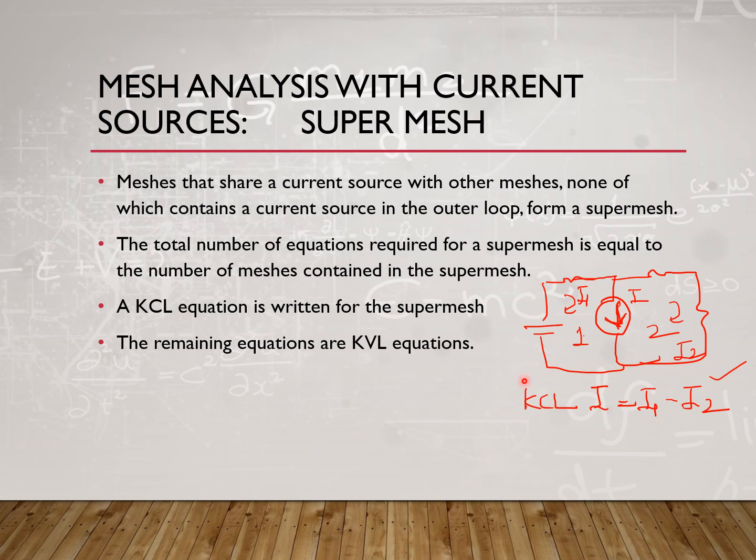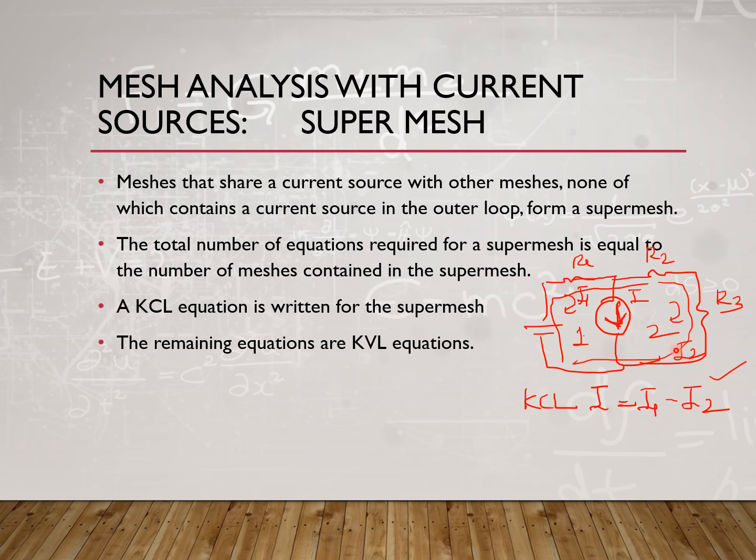So if I designate these as R1, R2, R3, I'll go around the loop like this without the current source and write the equations. So basically, when we are writing for a super mesh, we first identify what is a super mesh, how many meshes are involved in the super mesh.